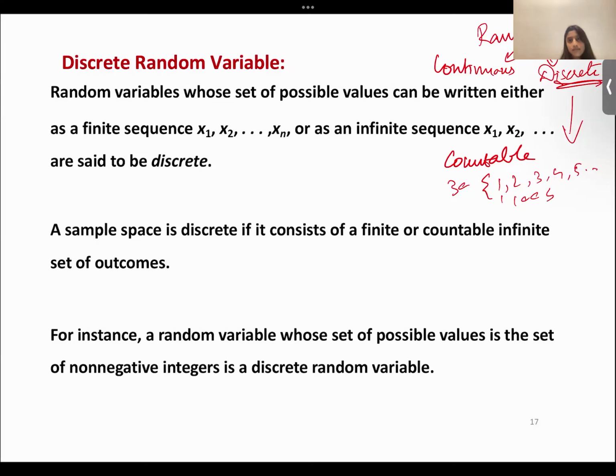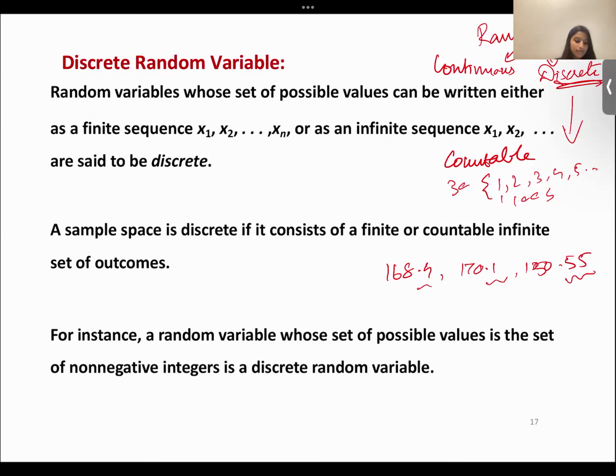On the other hand, when you take a measurement of something, for example somebody's height, the height can be 168.4 centimeters, or 170.1, or 150.55. These small measurements lie on a continuous scale.